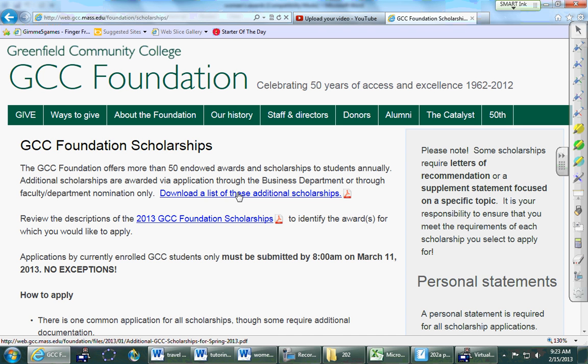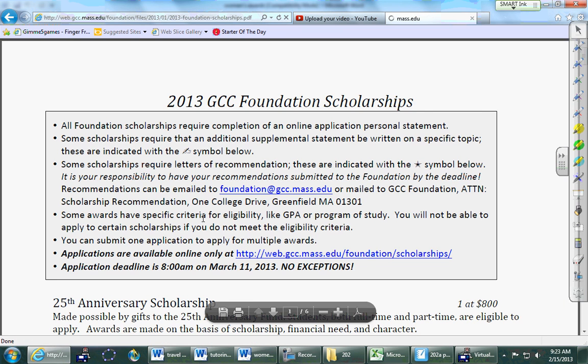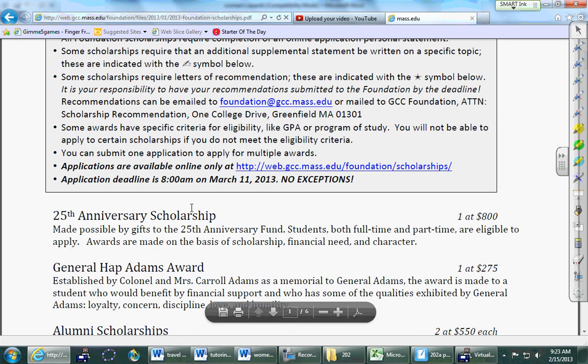For example, there are some scholarships specifically given to engineering students. We're not going to look at that. There's also a list of the GCC Foundation scholarships. We'll come down here. The 25th anniversary scholarship, which is made on the basis of scholarship, financial need, and character. There is one of those valued at $800. The Hap Adams Award is based on that stuff there: loyalty, concern, discipline, love, and humility.